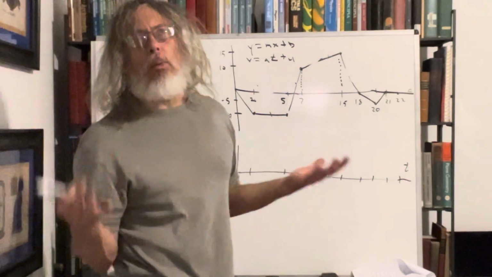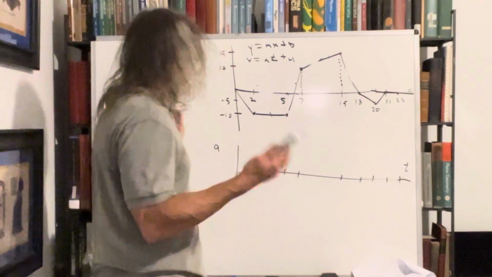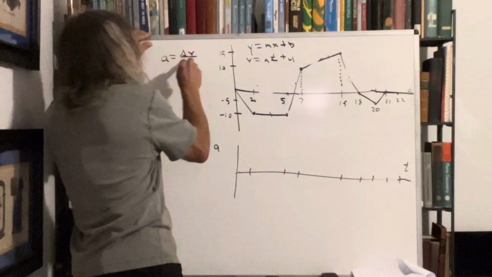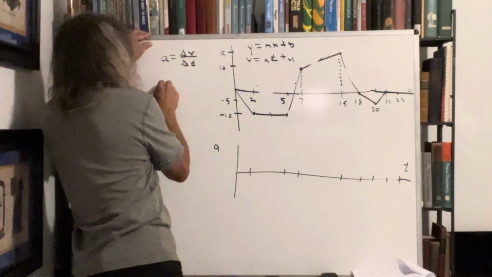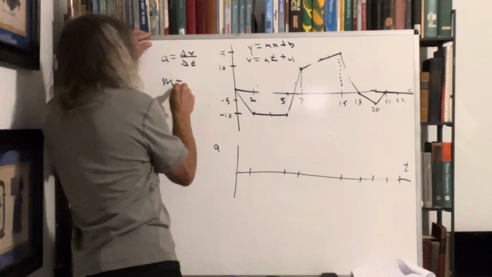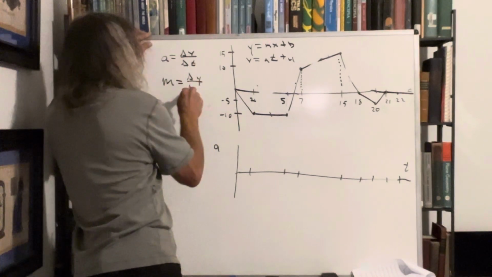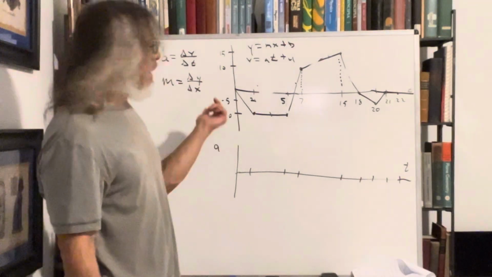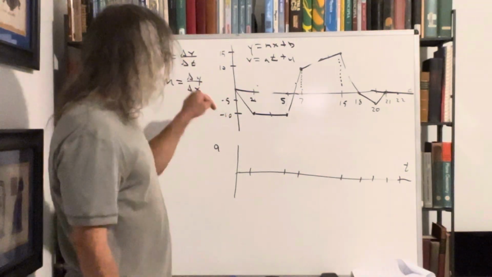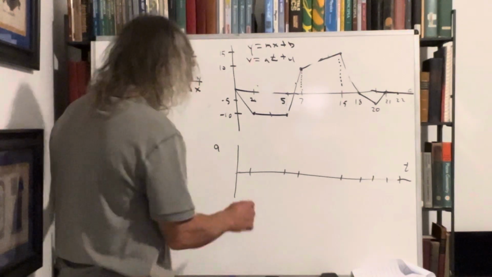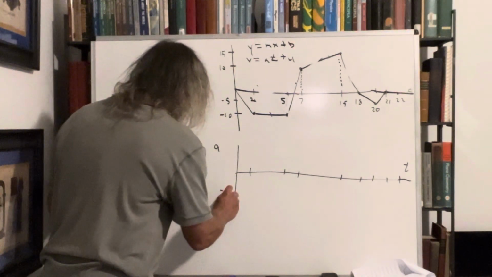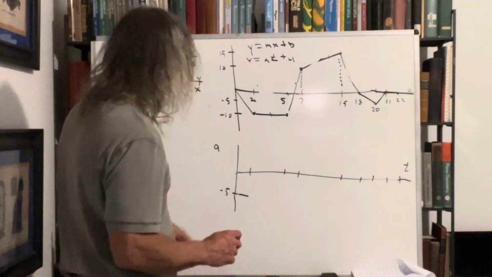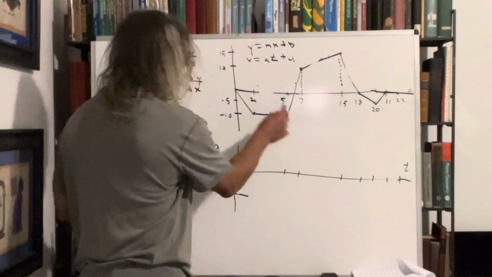So it's just algebra 1, okay? What is the slope of the line? Because acceleration is delta v over delta t, just like m is delta y over delta x. So we go down 10 and over 2. Negative 10 divided by 2 is negative 5. So negative 5 until there. Then it's 0 from 2 to 5.